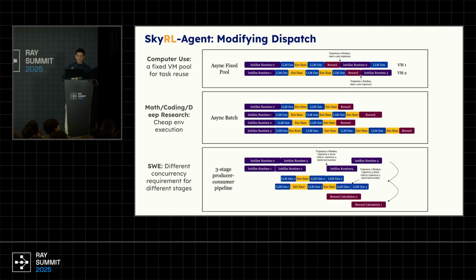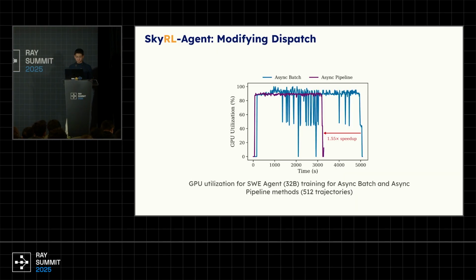And then for the SWE task, we've found that you can actually break down generation into 3 stages. One is container initialization, then the code generation loop or the agent loop, and then reward calculation, where you're running a test suite. And overlapping all of these across trajectories is going to be more optimal for this task.